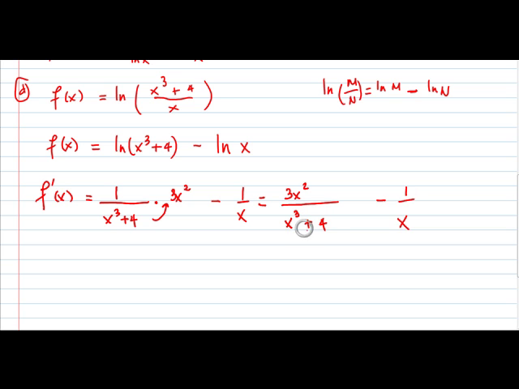To simplify these two fractions, they have different denominators, so we have to find the LCD. Our LCD is x times 3x to the cube plus 4. So this term here I need to multiply by x, and this guy here I need to multiply by 3x to the cube plus 4, and please remember to do exactly the same on the top.